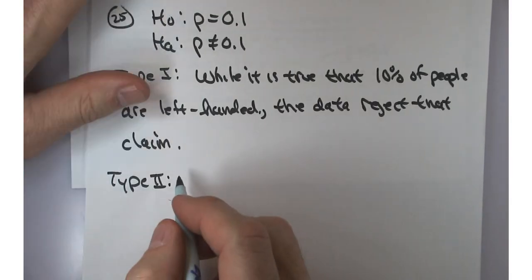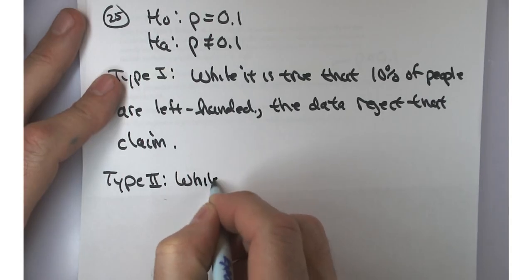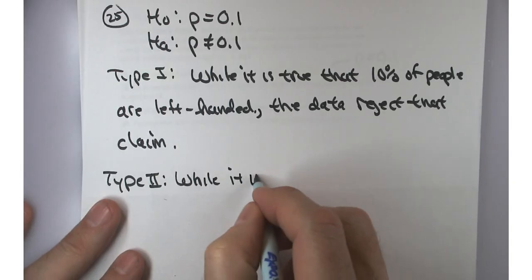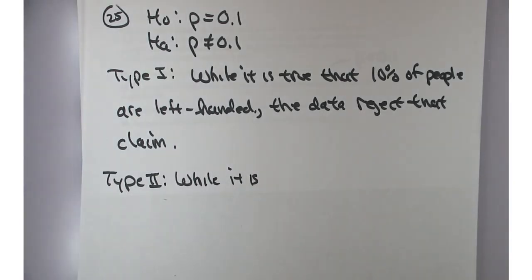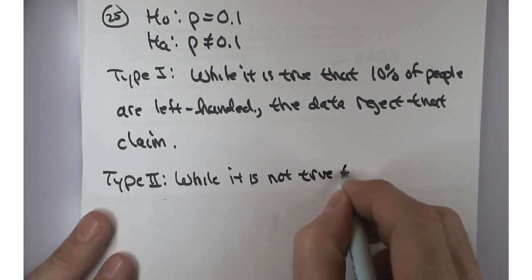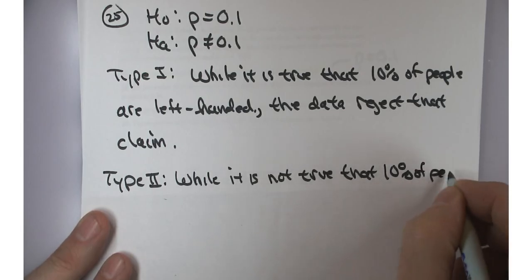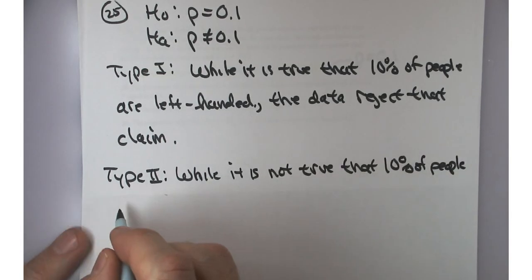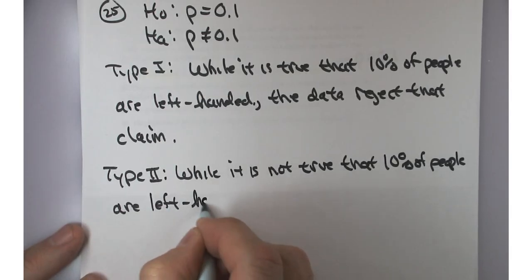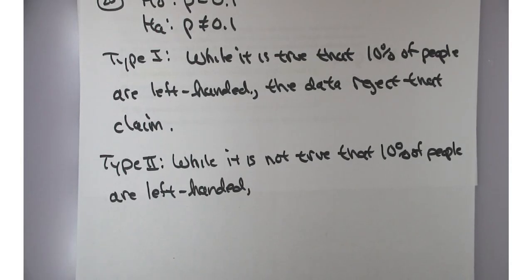So here's an example of what you can say. While it is false, while it's not true that 10% of people are left-handed, so again, you're stating the condition of H naught.